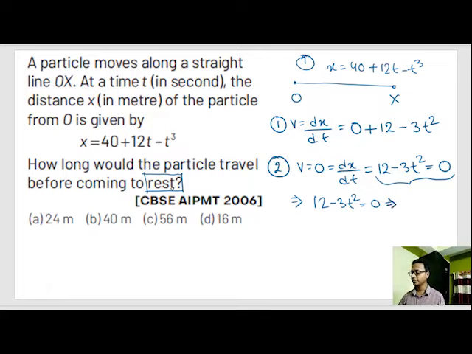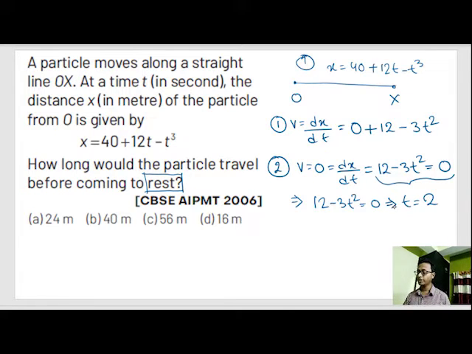If we solve this, t is equal to 2. Take 3t square on the right hand side, then 12 divided by 3 is 4, then square root of 4 is 2. So we know that at t equal to 2 seconds, this particle would come to rest. That means velocity of this particle would be 0.